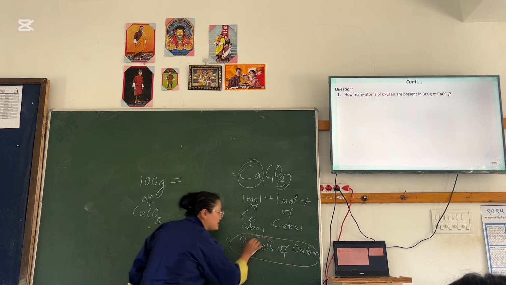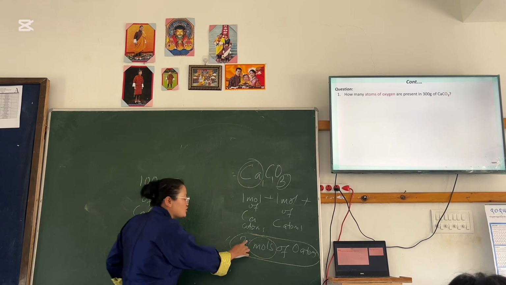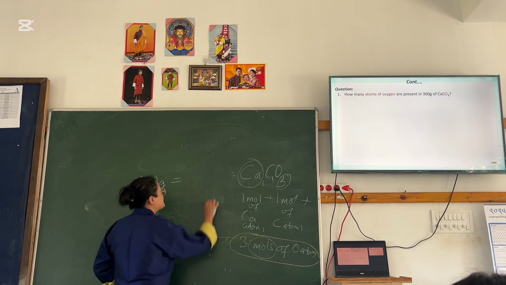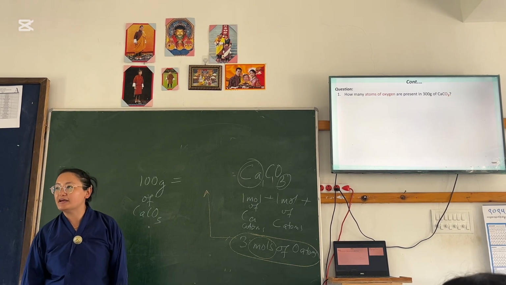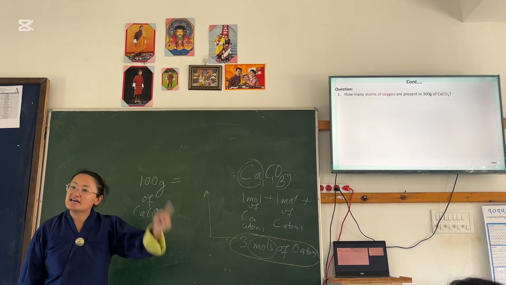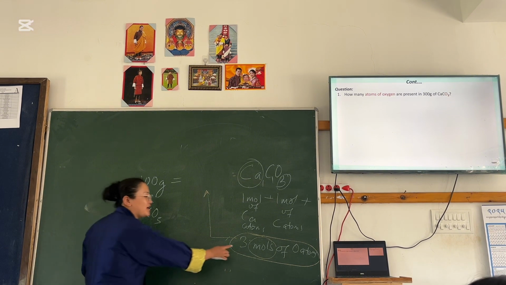But they are asking atoms, not moles. So in 3 moles of oxygen atoms, how many oxygen atoms will be there? 1 mole means Avogadro's number, and we have 3 moles.